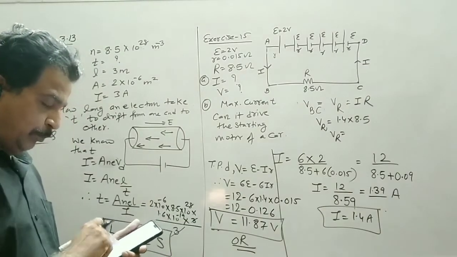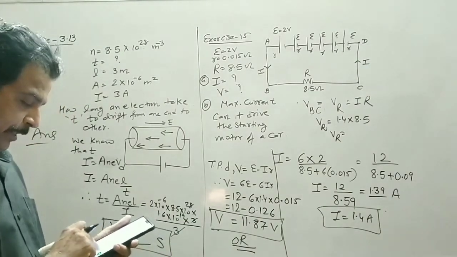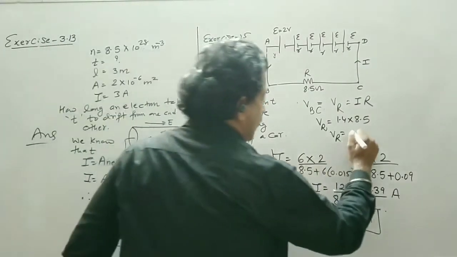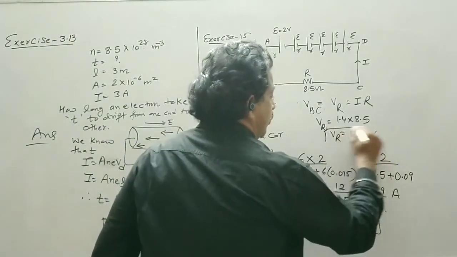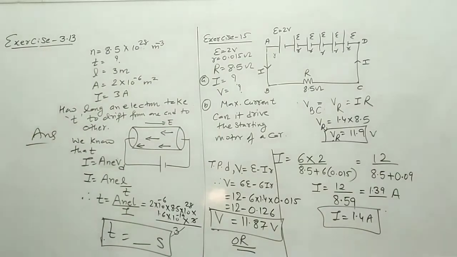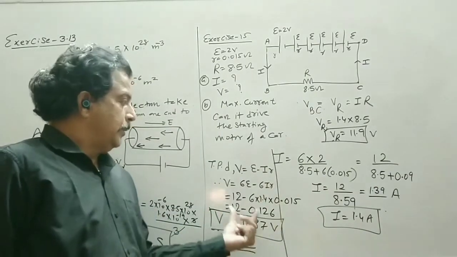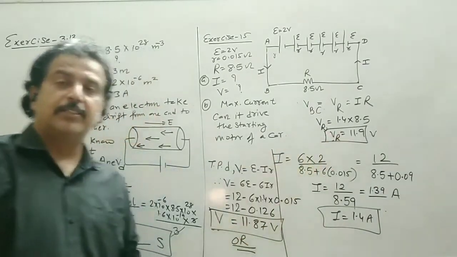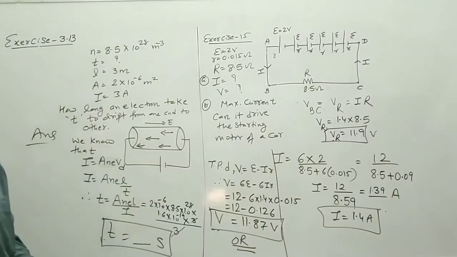So 1.4 into 8.5 comes out to be 11.9 volt. So this is 11.87, that is 11.9. If I take the complete values, the same answer is there for the terminal potential difference.